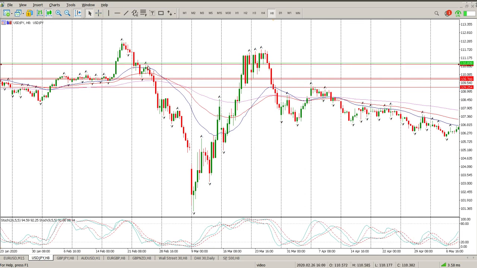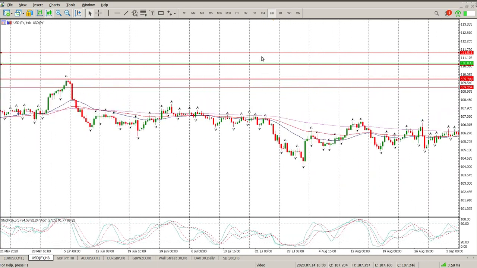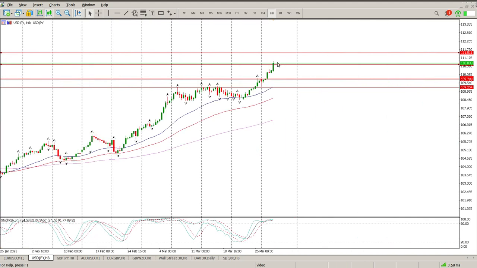There is a fractal level there, and then another one over there with this high here. So that would be my guess at the moment. We are flirting with 110.749, and then we have an ultimate target of 111.511.